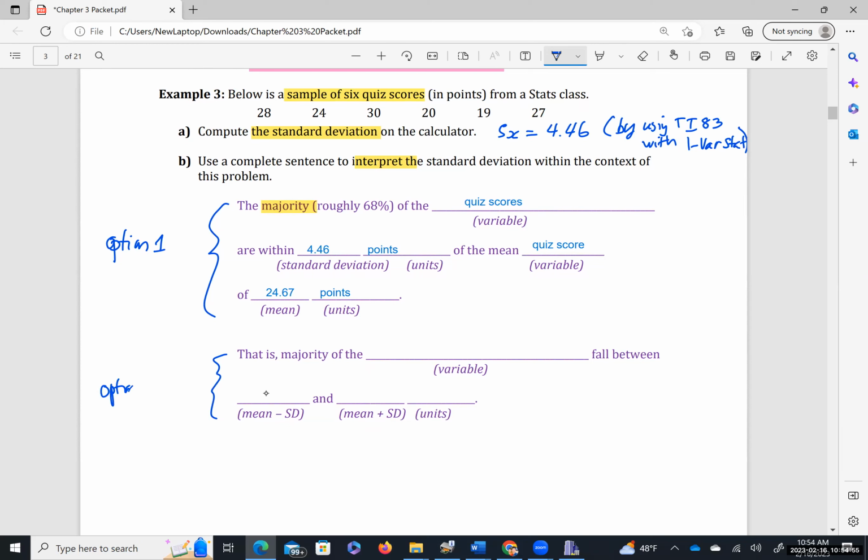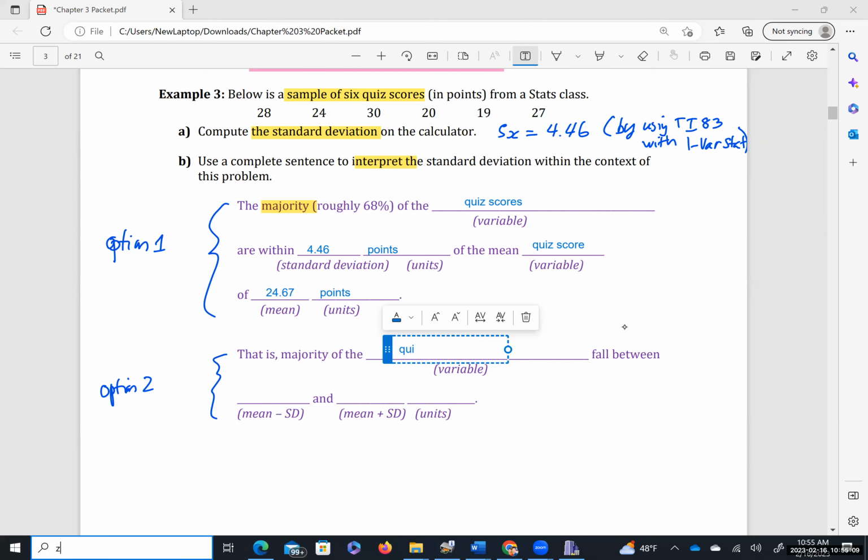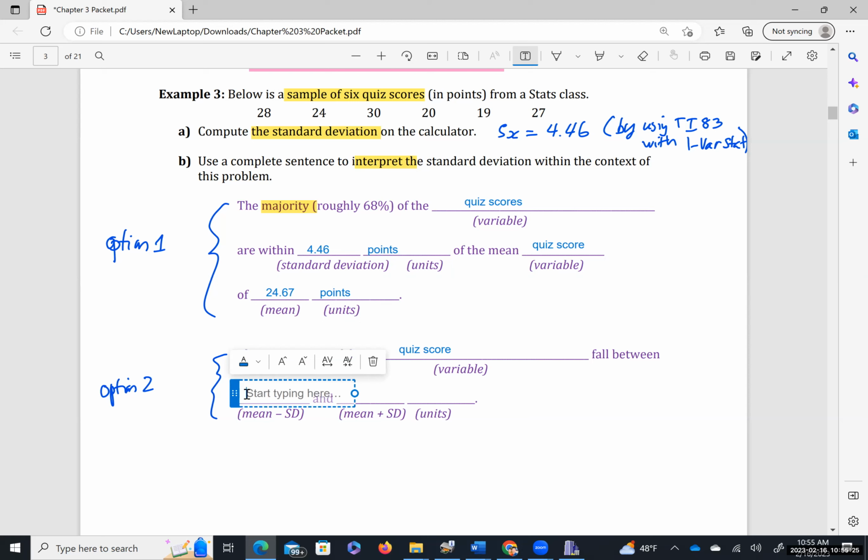So option 2. The majority of, what is the variable here? Quiz score, right? The majority of quiz scores is between... Oh, sorry.